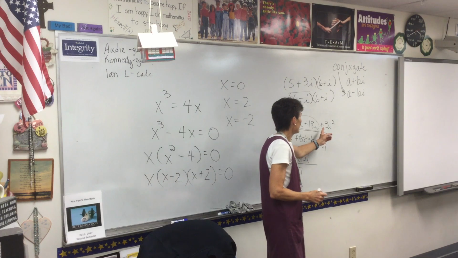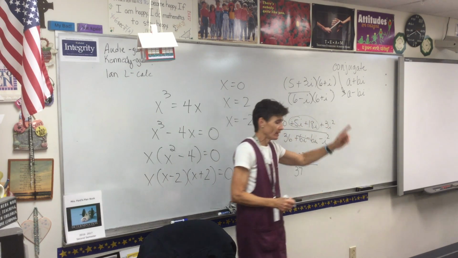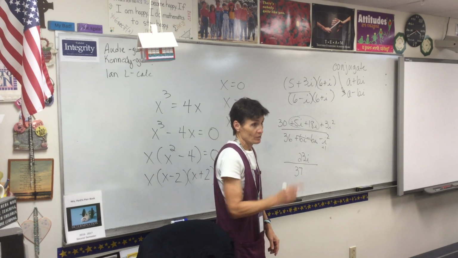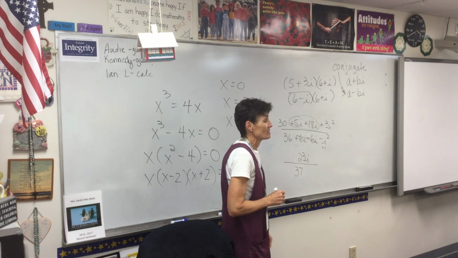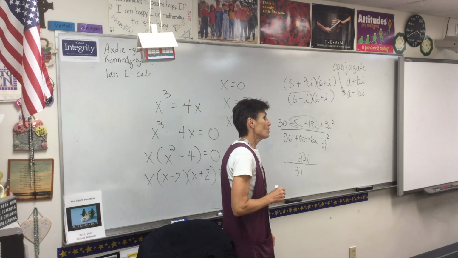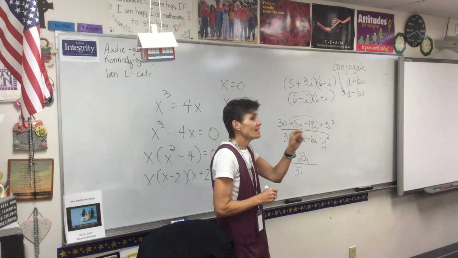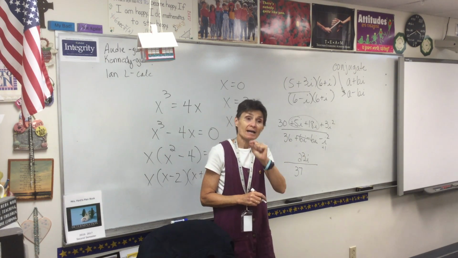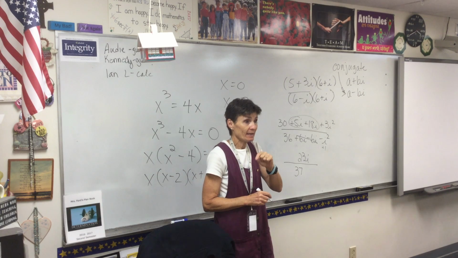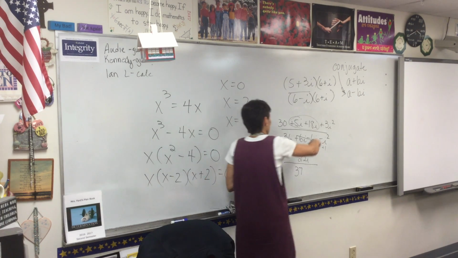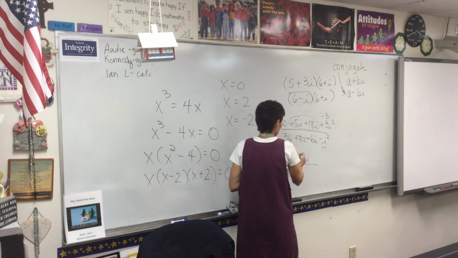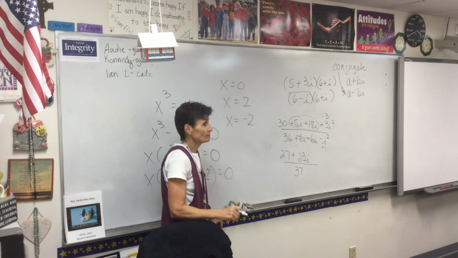Now tell me about positive 3i squared. i squared should be -1, so 3i squared turns into -3. Remember, i squared is -1. So if that's a -3, I've got 27 plus 23i? And that's the answer to the question.